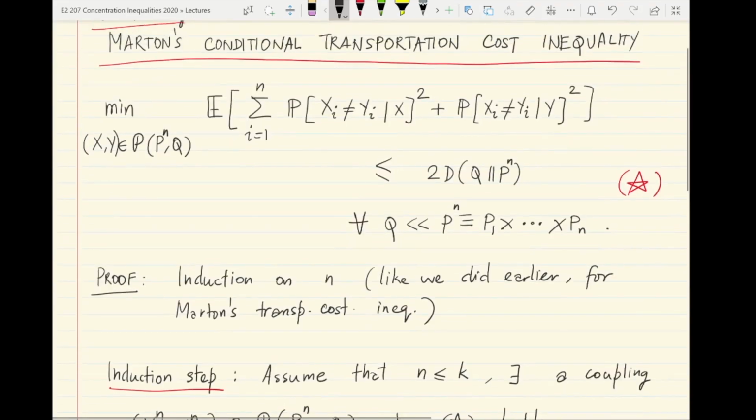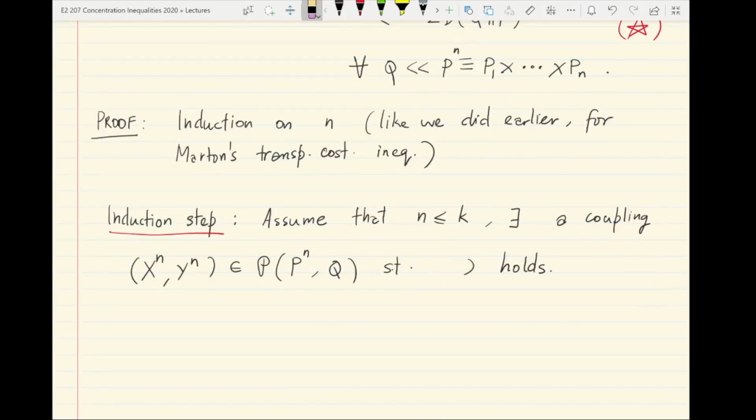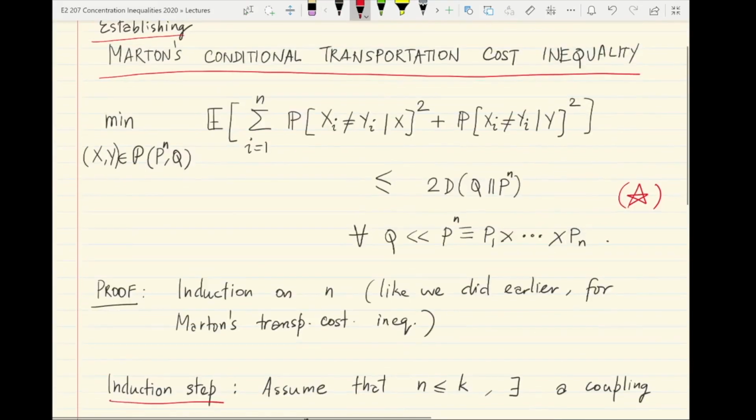So this is star here. Okay, so let's assume that this statement holds for all n at most some integer k.